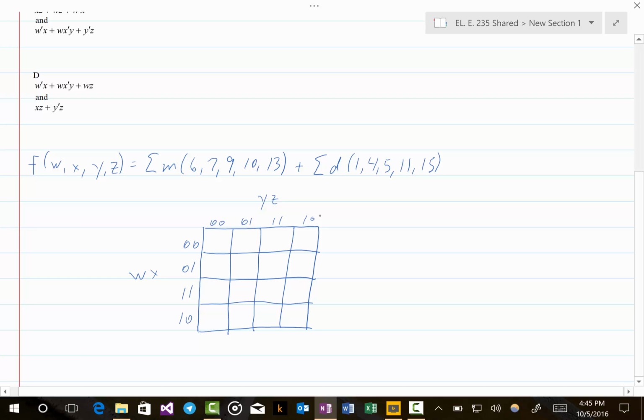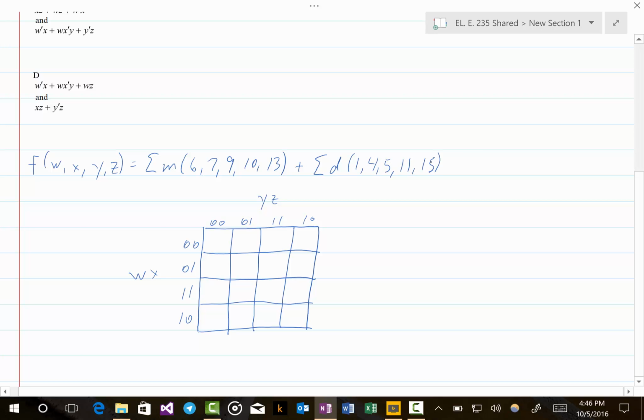We have solid ones in cells 6, 7, 9, 10, and 13, and then we'll have squiggly ones in cells 1, 4, 5, 11, and 15.